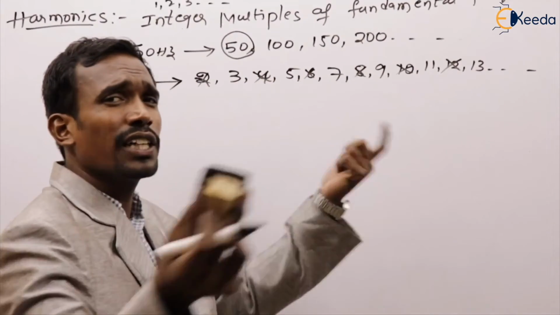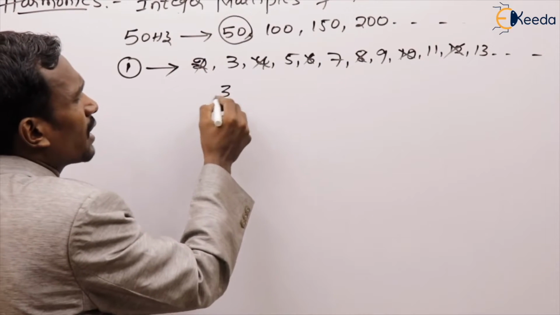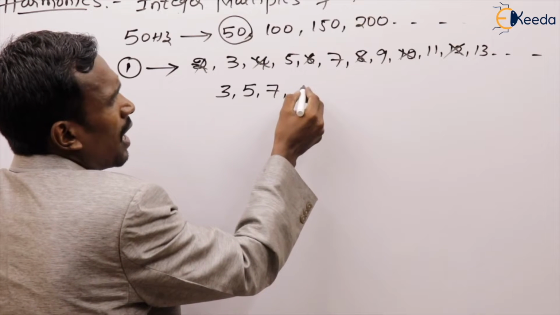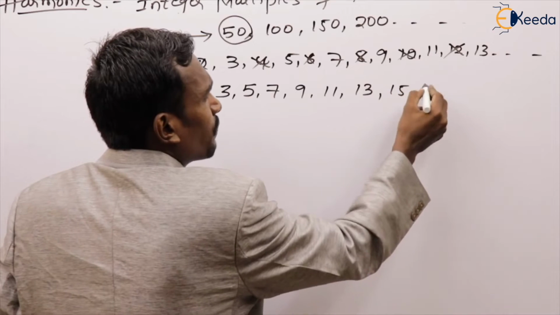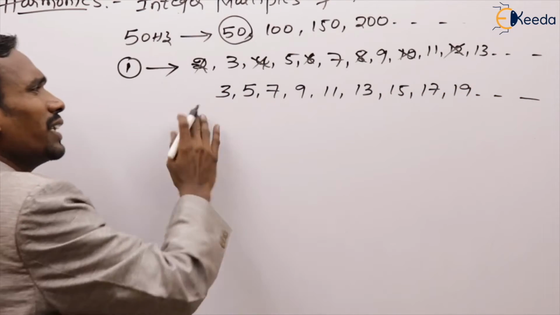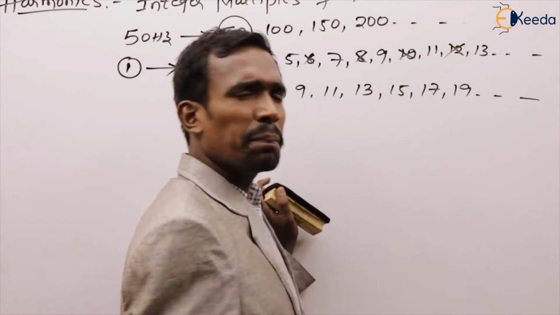Those values are 0. So we have only odd order harmonics: 3, 5, 7, 9, 11, 13, 15, 17, 19 and so on. Even harmonics are completely eliminated.